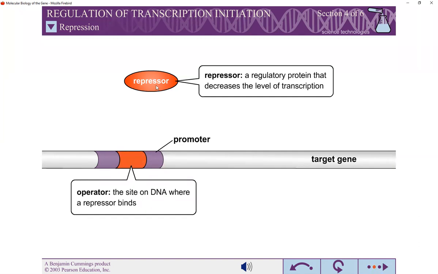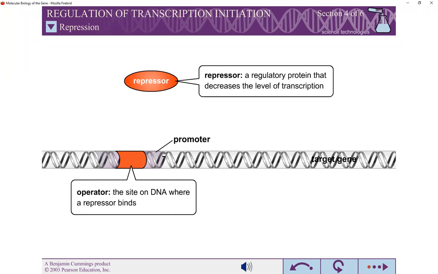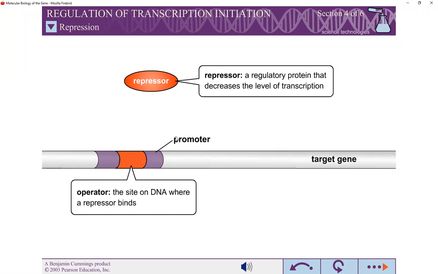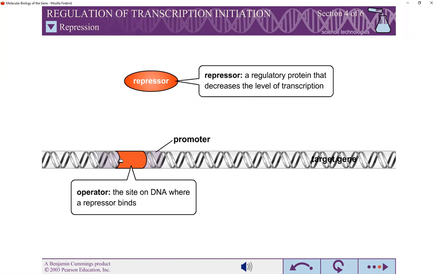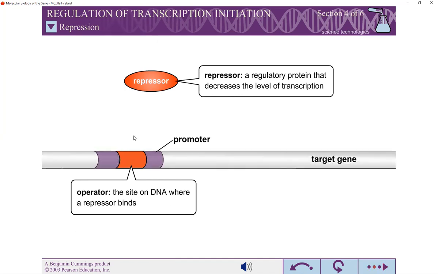So the repressor is going to bind with the promoter in such a manner that the promoter cannot interact with any RNA polymerase. Whenever a repressor is present, no RNA polymerase will have the ability to bind with the promoter sequences. How? The repressor binds to a particular site in the promoter, and that is referred to as the operator site.